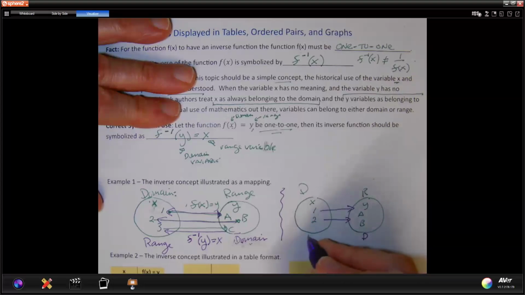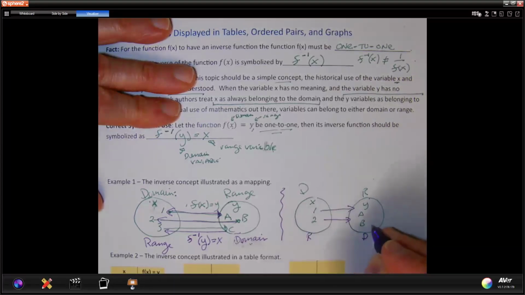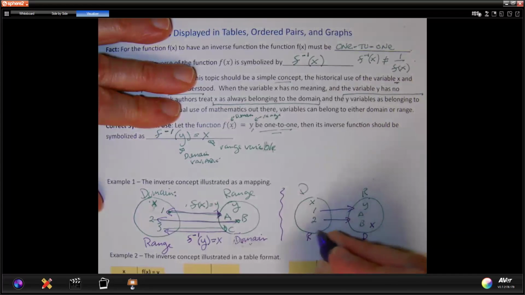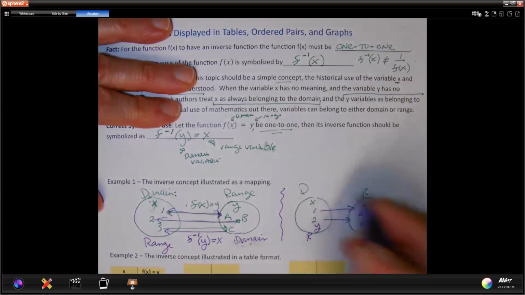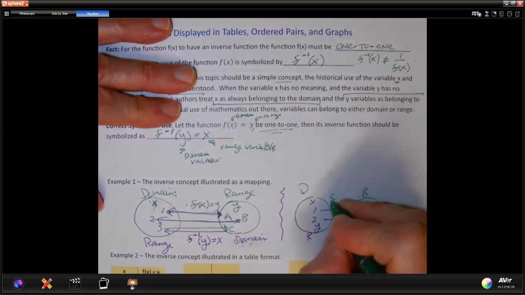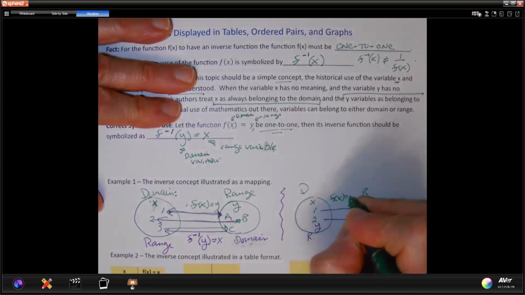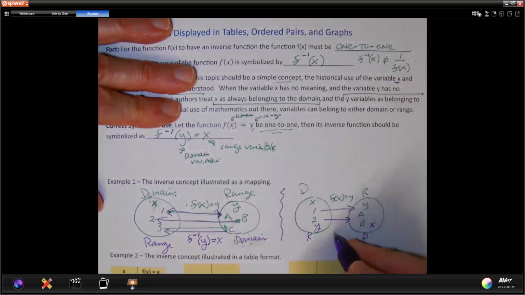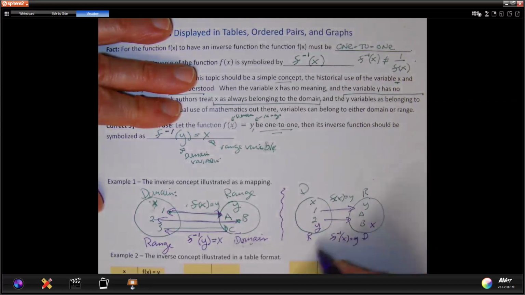We'll call this domain, this the range, but also rename this X and rename this Y. So now on this side, you have f of X equals Y. And on this side, you have f inverse of X equals Y. So it maintains X as always belonging to the domain, Y always belonging to the range, but that's kind of a silly thing in my opinion.